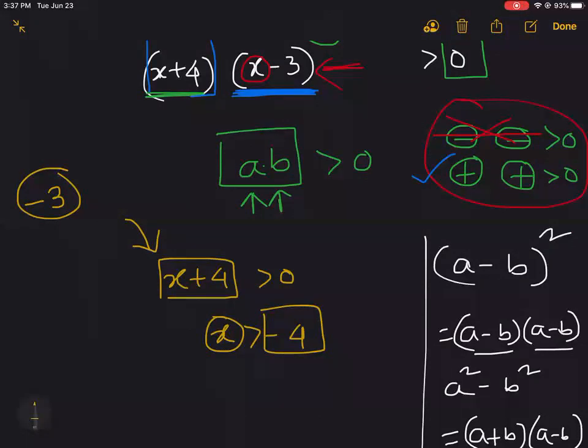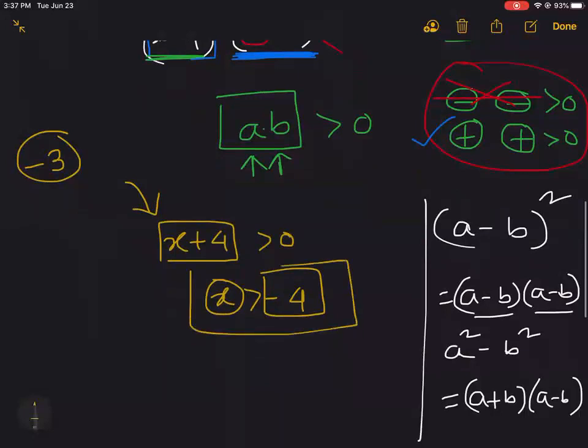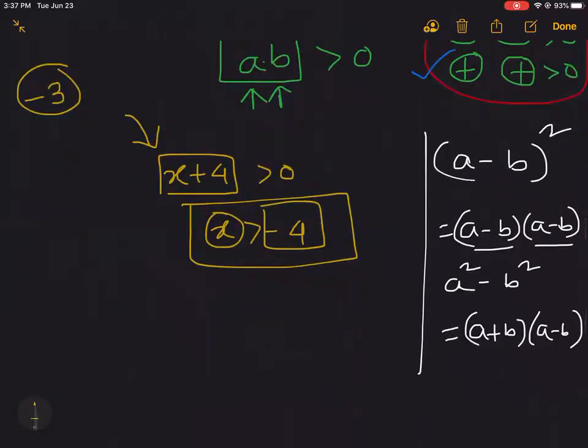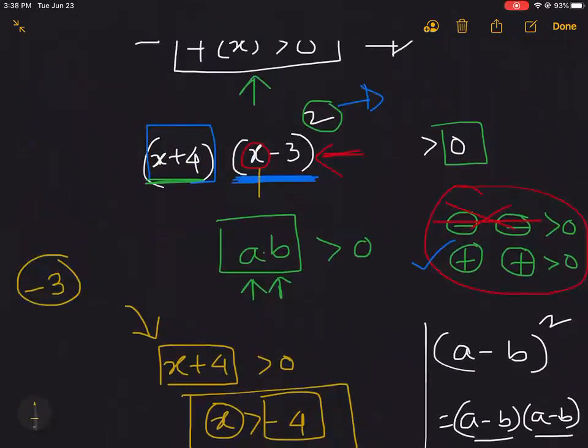So x needs to be greater than negative 4, and even slightly more than negative 4 will do. One more thing we need to consider here: if x is 3, can you see what the problem will be? Then the entire product will be 0. Can you see that?